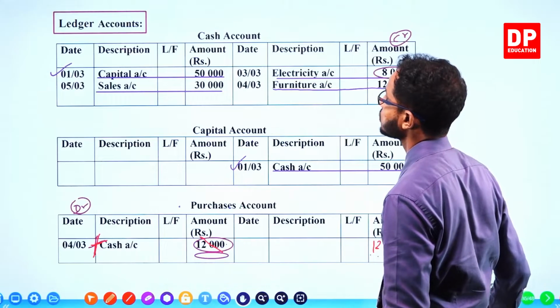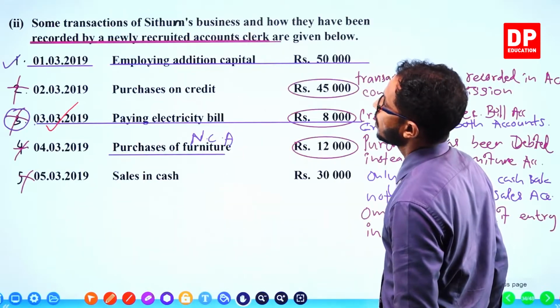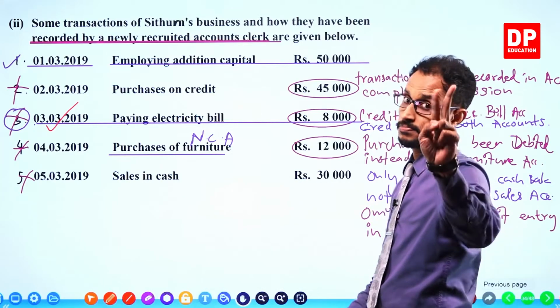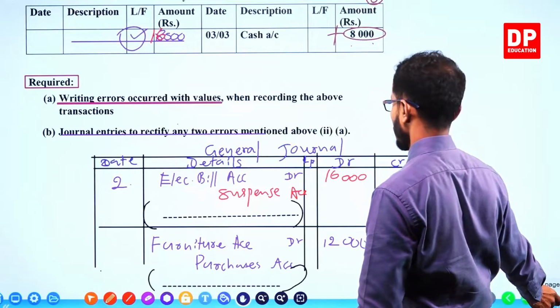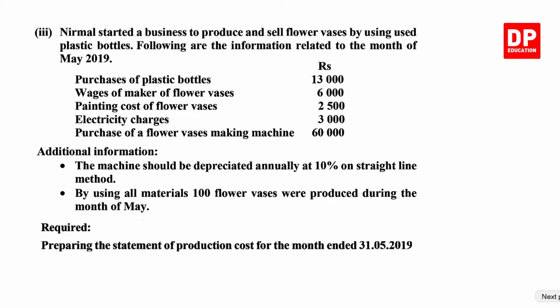Let's see. Well, this is the second part. We have a few more to do. Third part. Nirmal started a business to produce and sell flower vases by using used plastic bottles.